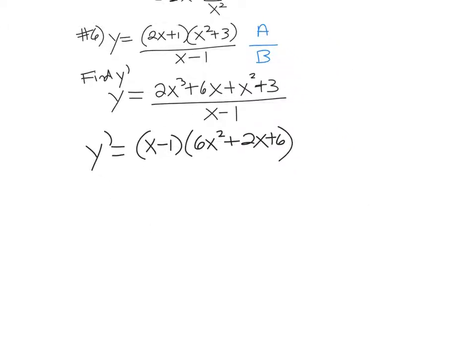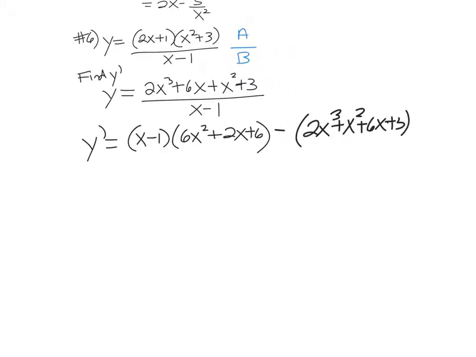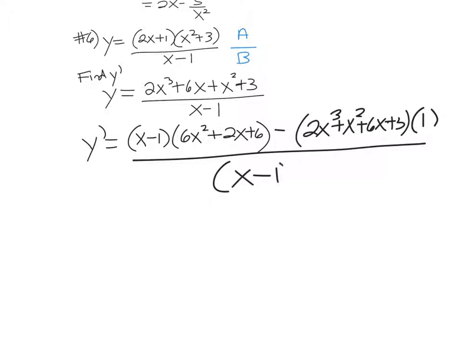So that's low d high, minus high, which is 2x cubed plus x squared plus 6x plus 3, times the derivative of the bottom, which is 1. That's nice. All over x minus 1 squared.